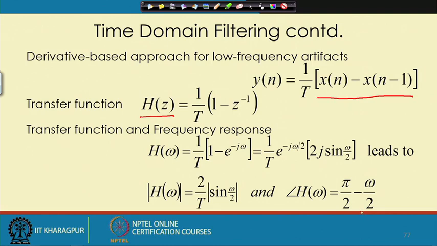So, what we are getting is a sine function, which means at omega equal to 0, the value would be 0, then it will slowly rise. That means it would be a high pass filter, and it would also have a linear phase.